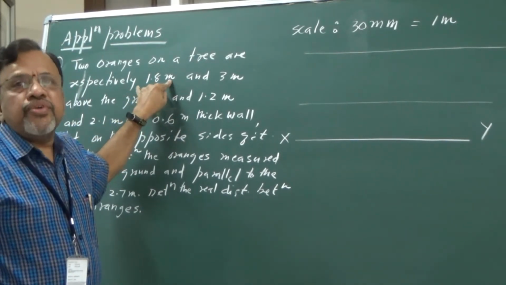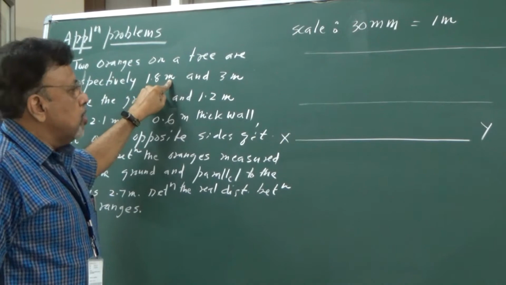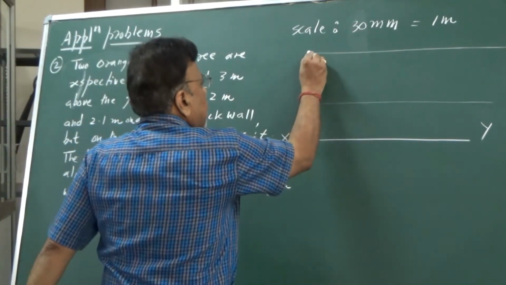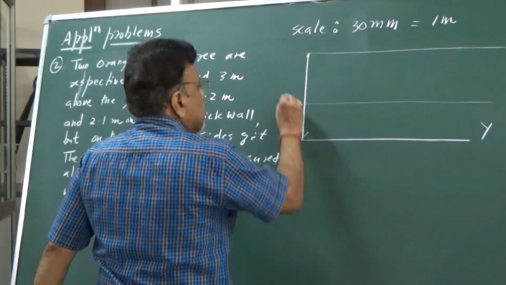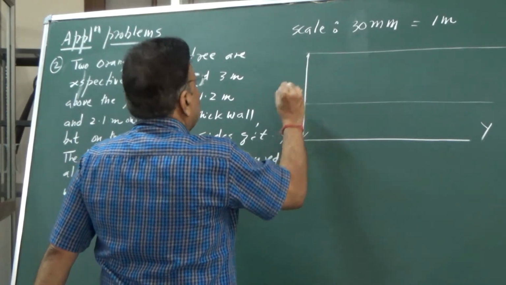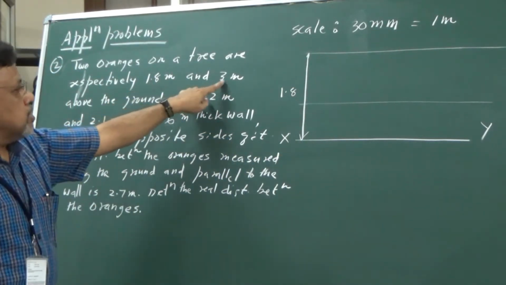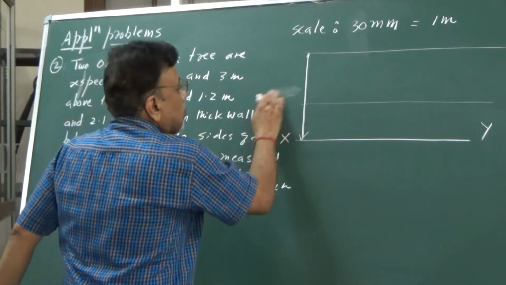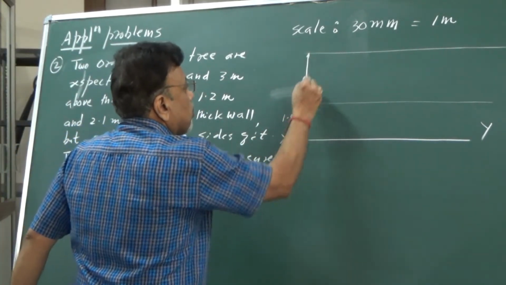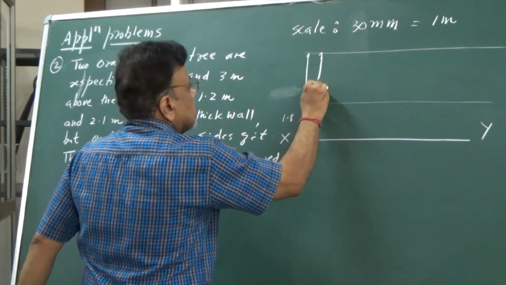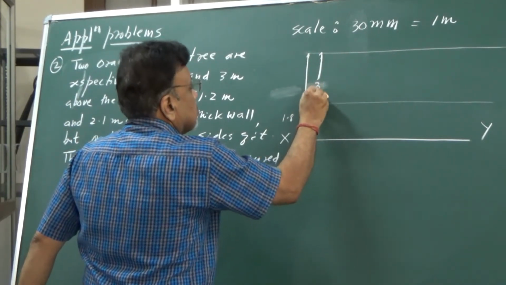I am going to get 54, so I should take this to be 54 mm. This is the actual distance, 1.8. And the other height is 3 meters.